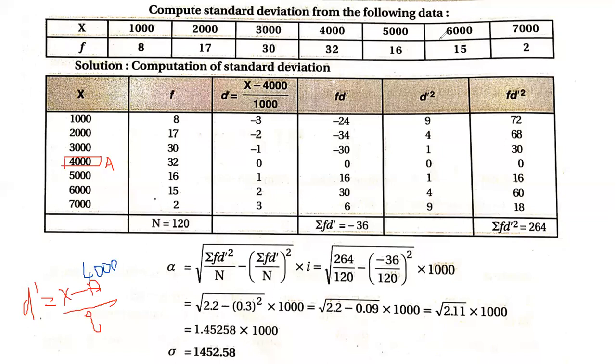So 1000 is the common value, and the value of I will become 1000. This is how we calculate D dash, and that is what we have done here.